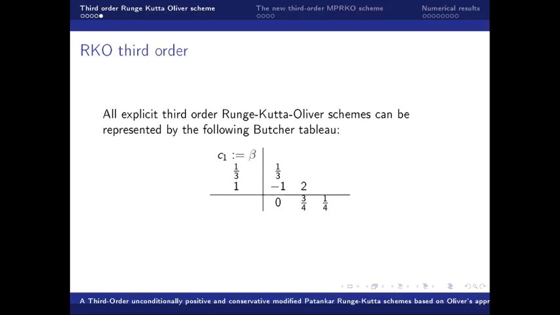So there are infinitely many third order Runge-Kutta schemes. And now here we see that if we apply Oliver's trick, then there's only one third order Runge-Kutta-Oliver scheme. I didn't expect this.